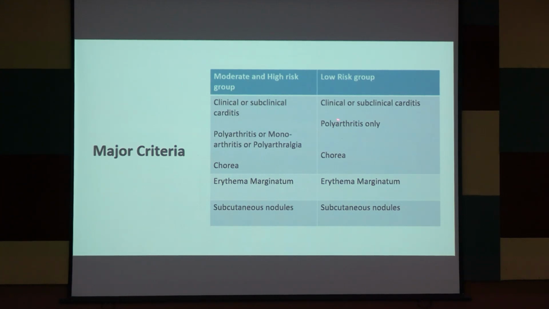Moderate and high risk, and low risk. Is clinical or subclinical carditis the same in both cases? Now, carditis is present in around 60 to 70% of cases, or say on average 60% of cases of acute rheumatic fever. Not all cases suffer from carditis, and not all carditis will produce rheumatic heart disease.